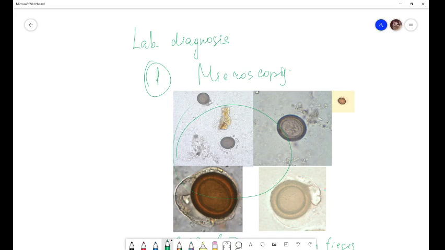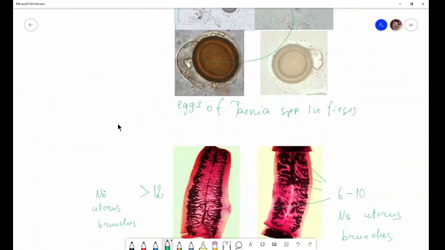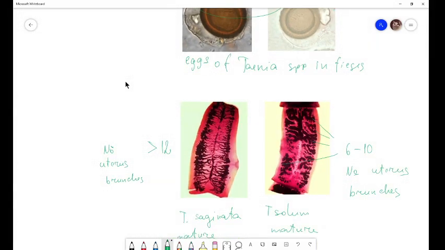And when you find these eggs, you must find proglottids. After that, when you find proglottids, you can detect the species of tapeworm.